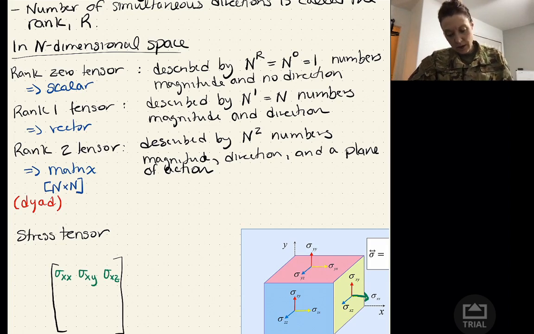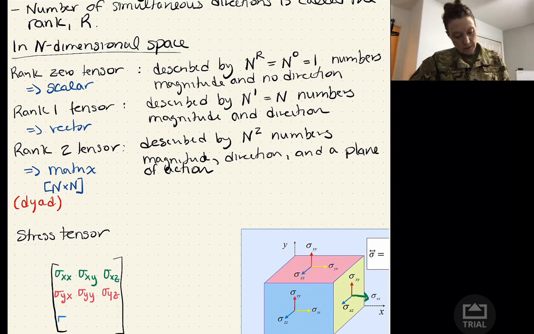Okay. Now let's choose the y face. The y face is the face where the normal vector points in the y direction, and that would be the reddish colored one. So we're on the y face: sigma yx, sigma yy, sigma yz. And finally, we'll choose the blue face, where the normal vector is pointing in the z direction.